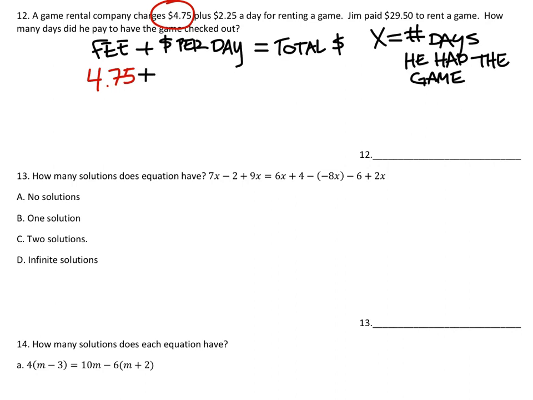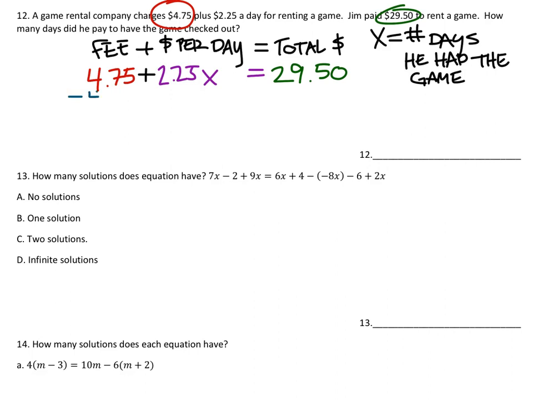In addition to that, he had the game for some number of days, which we don't know right now. But we do know that it cost $2.25 per day. So we'll multiply those two together. And this equals the total amount that he paid, which was $29.50. And this sets up the equation for us, which we can then solve.